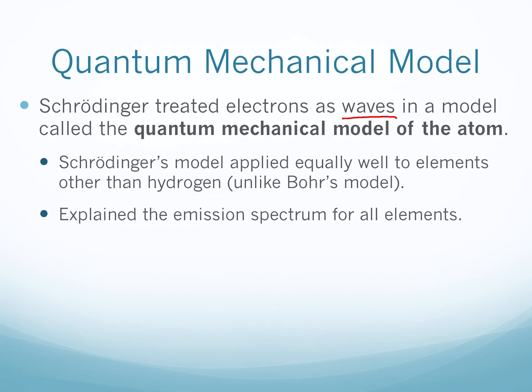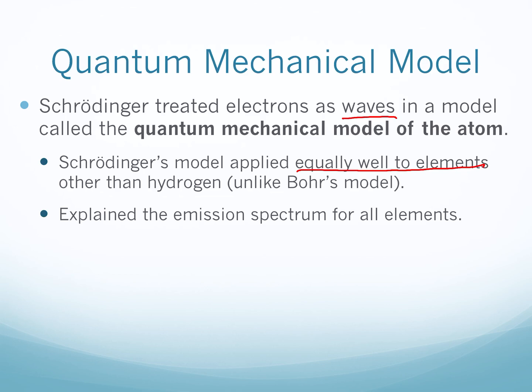Schrodinger's model applied equally well to elements other than hydrogen, unlike Bohr's model, which only worked for hydrogen. Like I said before, it's because he was treating electrons as particles, not as waves. When we treat them as waves, they can interact, and so they don't behave like they do in the Bohr model.